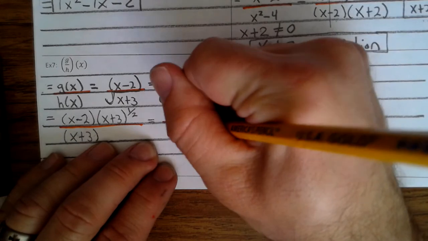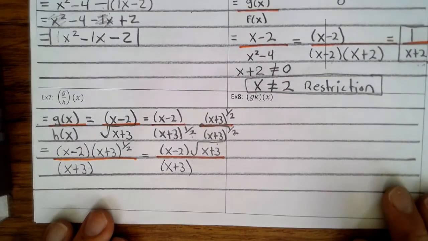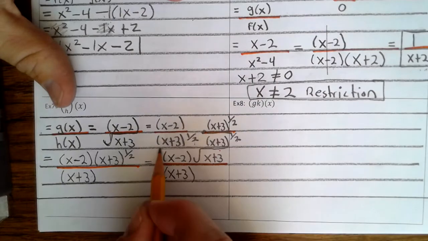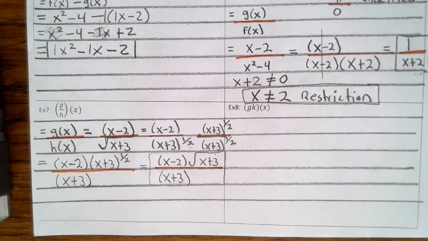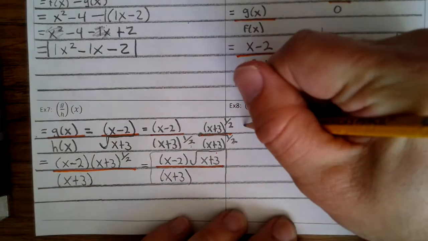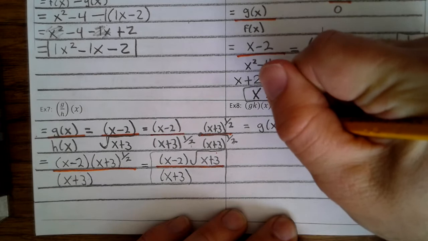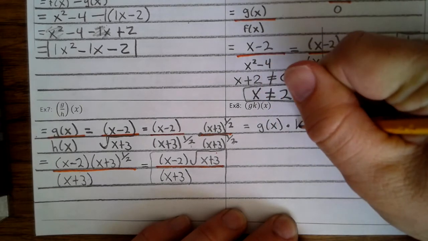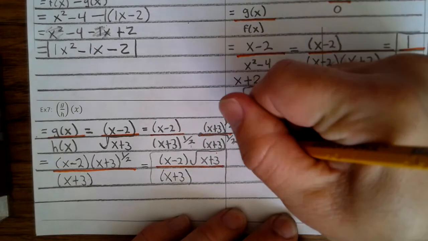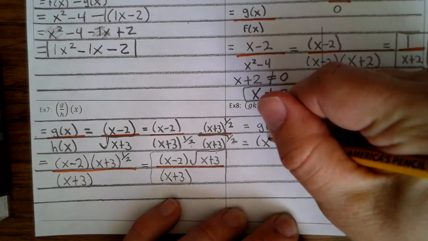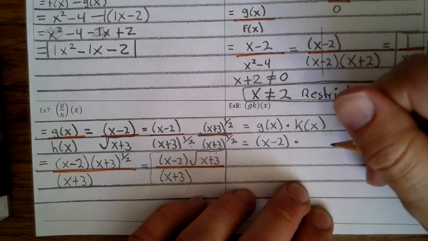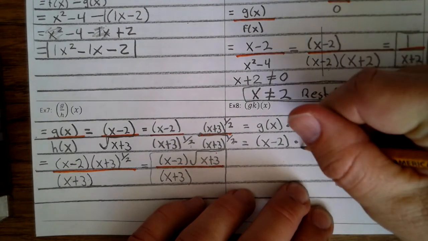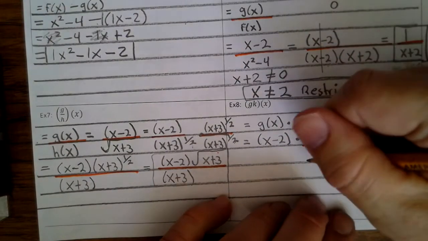Okay, last example. Let's take a look at example 8. So we have g of x times k of x. So g of x is x minus 2 times k of x, which is 1 divided by x cubed minus 2x squared minus 9x plus 18.